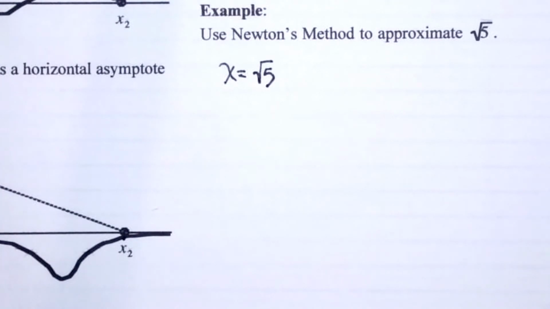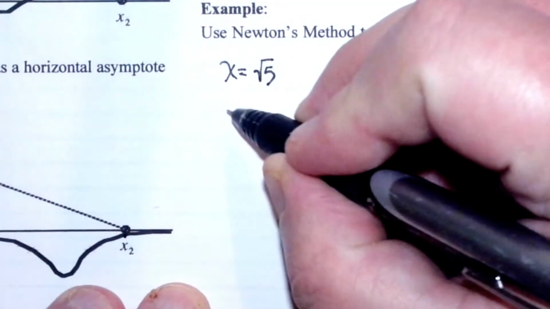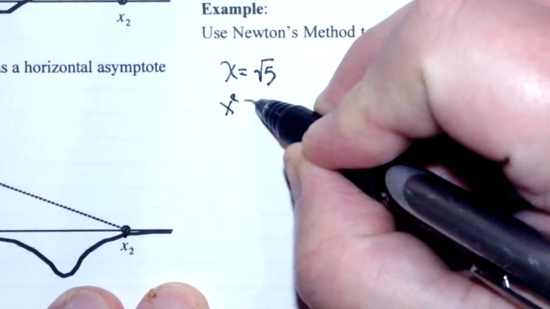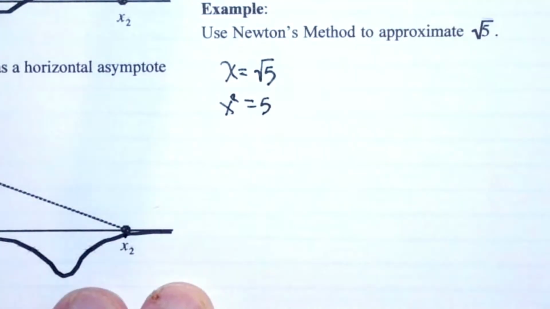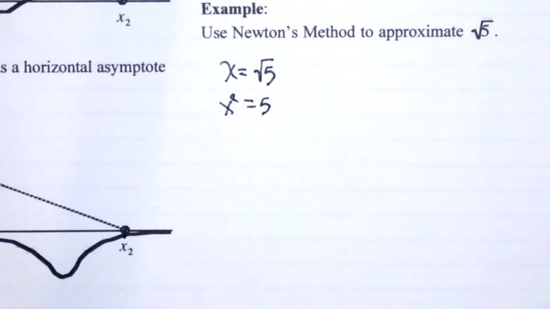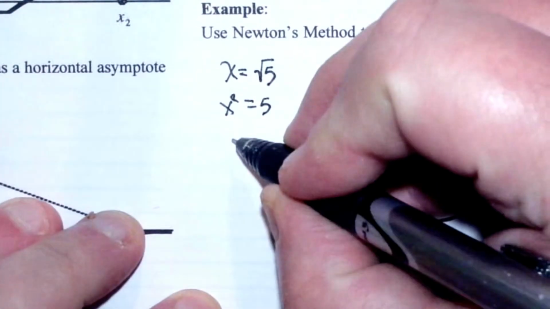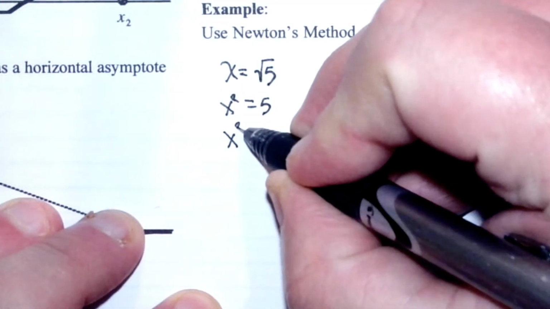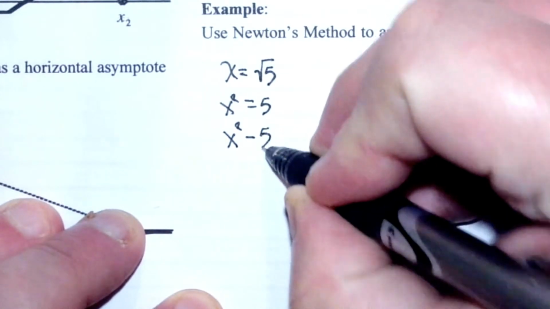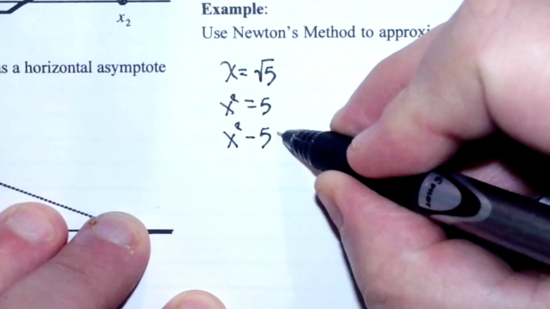Can we get rid of that square root? We can if we square each side. And now here's the equation that we want to solve, x squared equals 5. So, we need to rewrite that as x squared minus 5 equals 0.